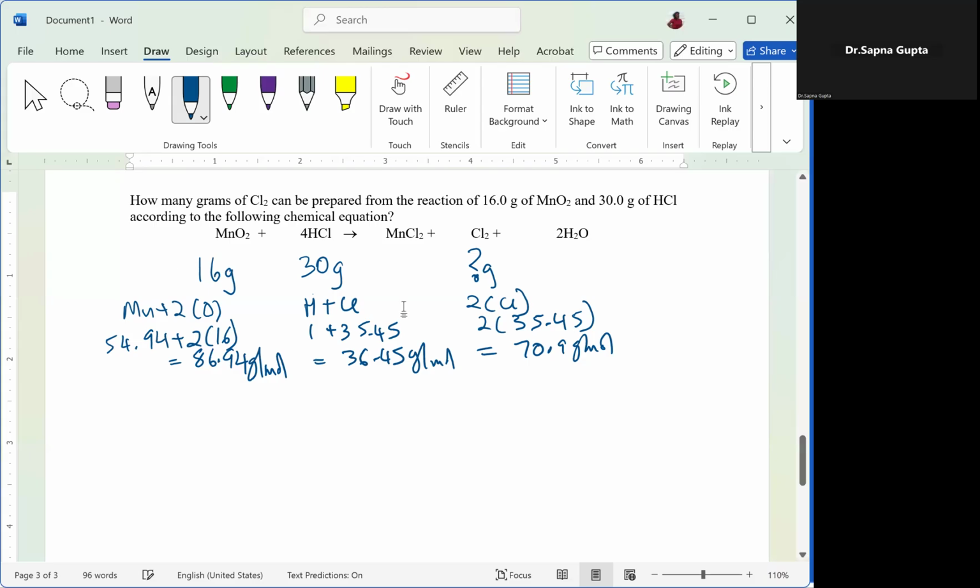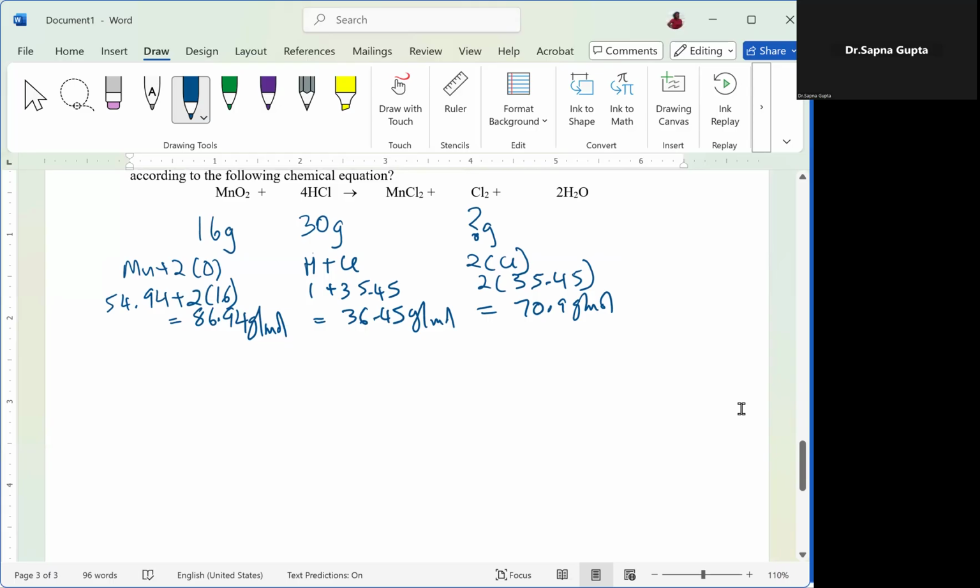Now we need to set up to form chlorine. We'll start with MnO2 first and see what we get.